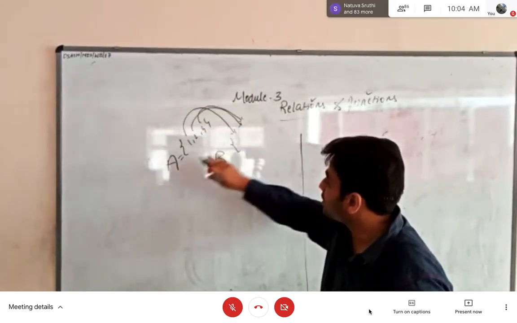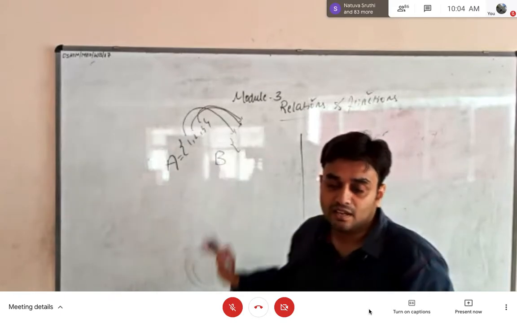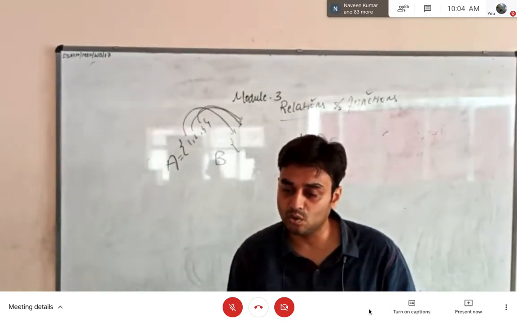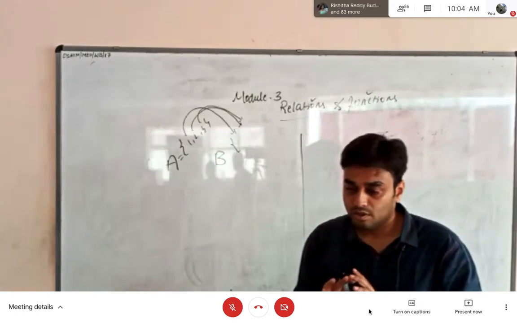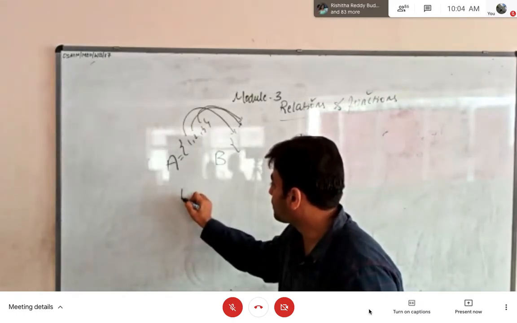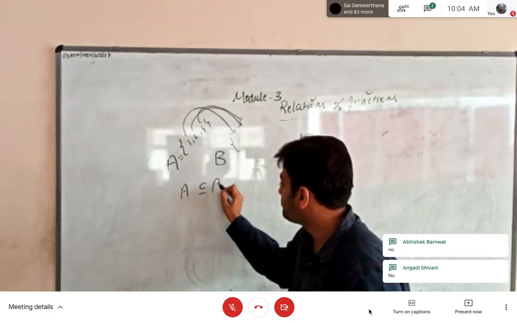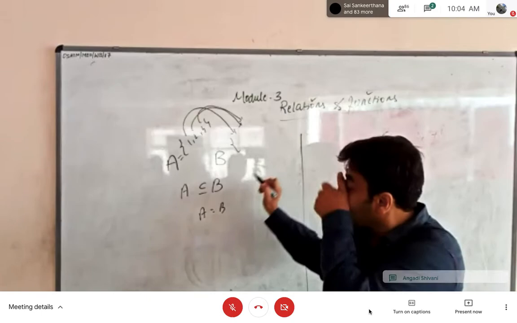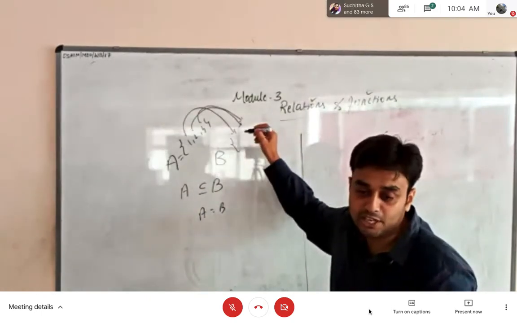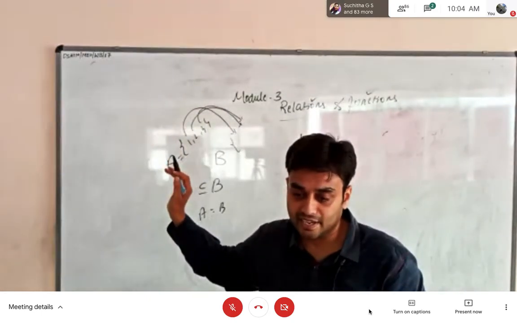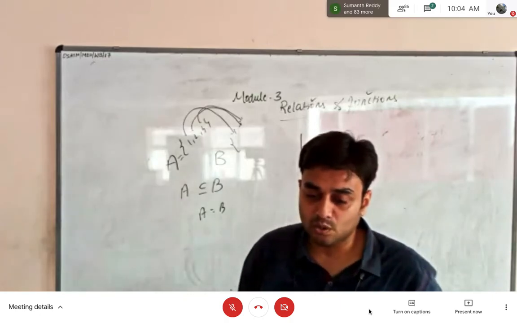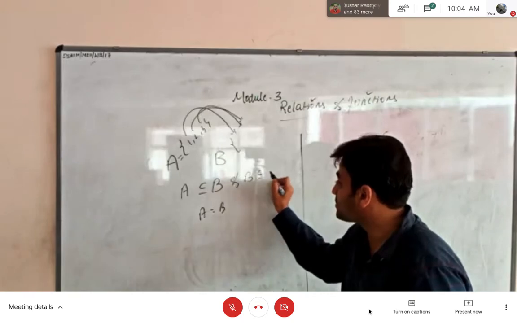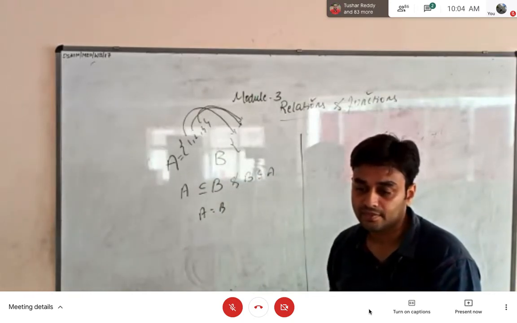If all the elements of A are present in B, can you conclude A is equal to B? With this, can you conclude A and B are same? No, right? So from this, what you can conclude is just A is a subset of B. If I have to tell A is also equal to B, every element that is present in B should also be present in A. So A will be equal to B only when A is a subset of B and also B is a subset of A. Will you agree?